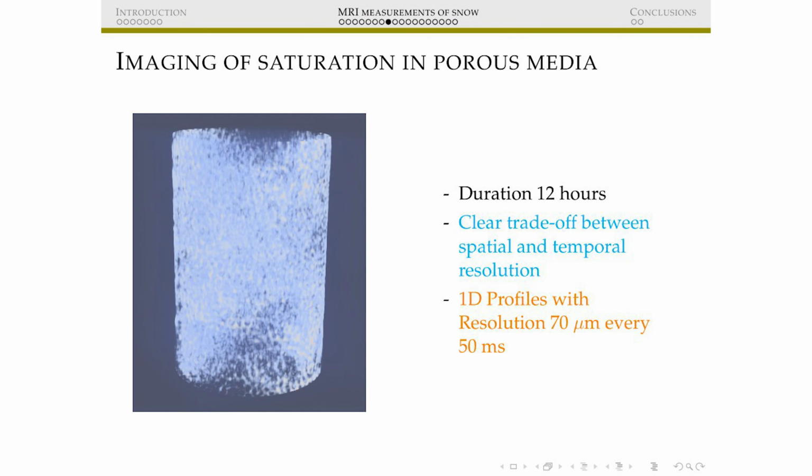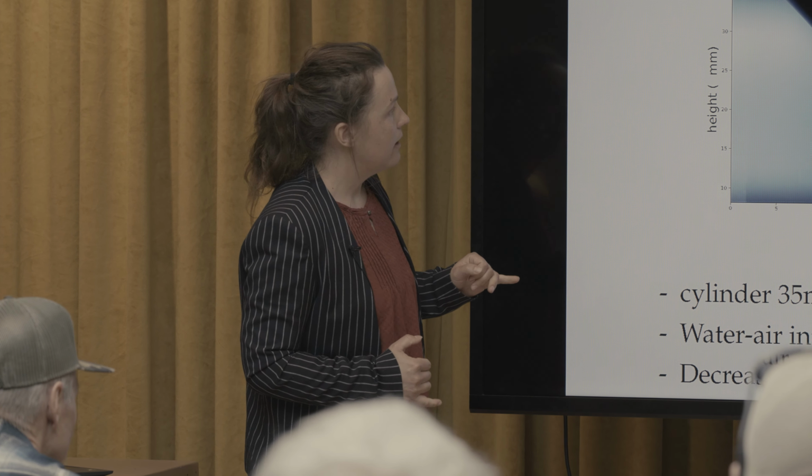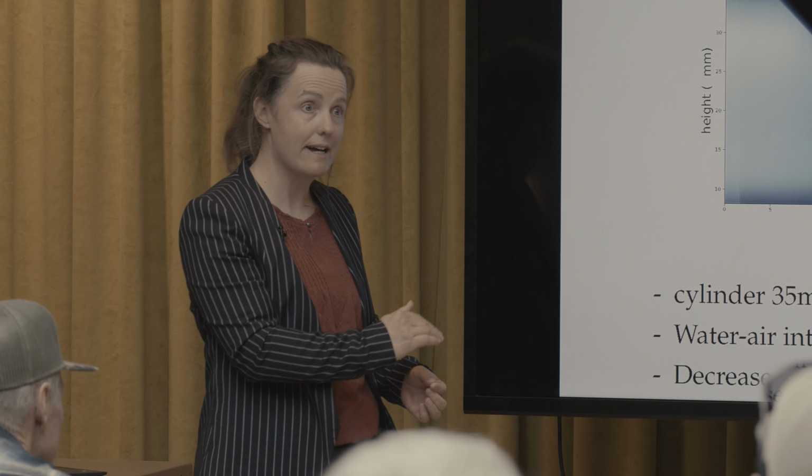So we went for 1D profiles at a resolution of 70 micron with 50 milliseconds. And this is a very simple experiment that we did. We just had a tube filled with water, and it went into a smaller tube with a plug, and I just unplugged it so the water drained out.